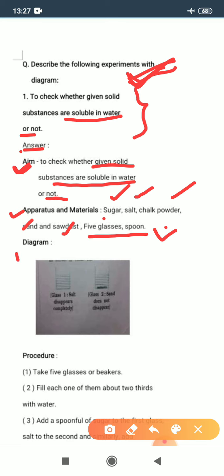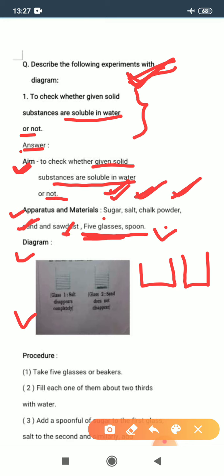The next step is you need to draw diagram. Here in this diagram I have drawn only 2 glasses or only 2 beakers, but you need to draw 5 beakers because we are having here 5 apparatus.